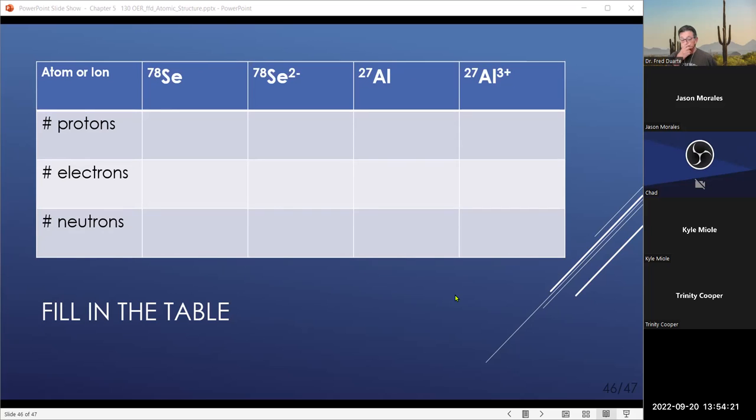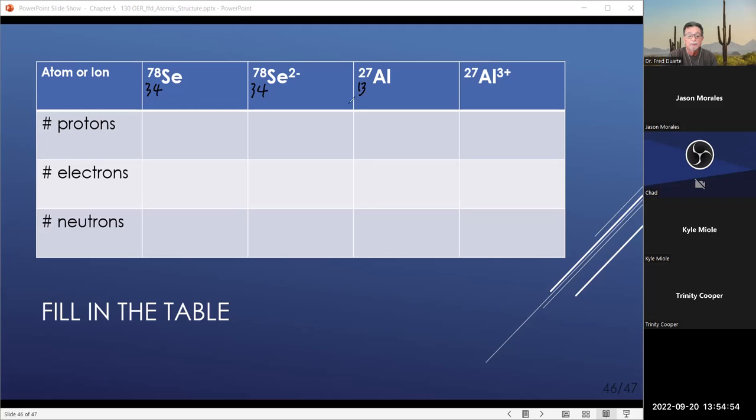Now, what they're asking you here is to determine the number of protons, electrons, and neutrons. In the first column you have selenium-78, and then you have selenium -2. If you look for selenium, it is element number 34, and aluminum is number 13.